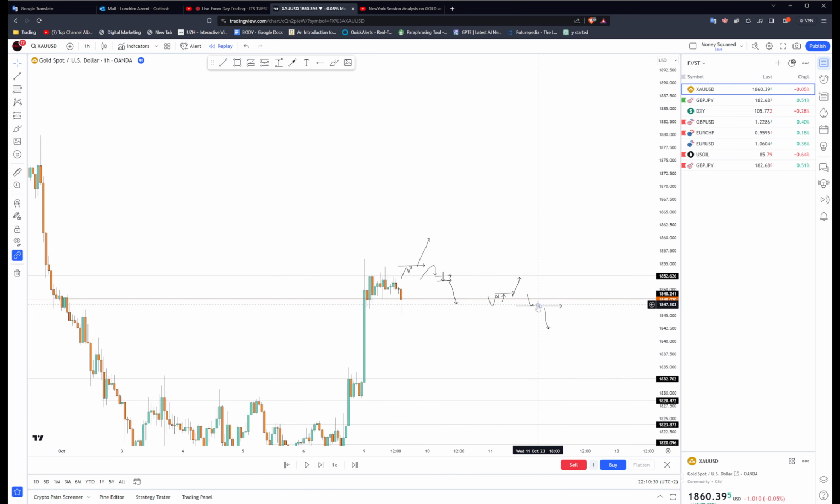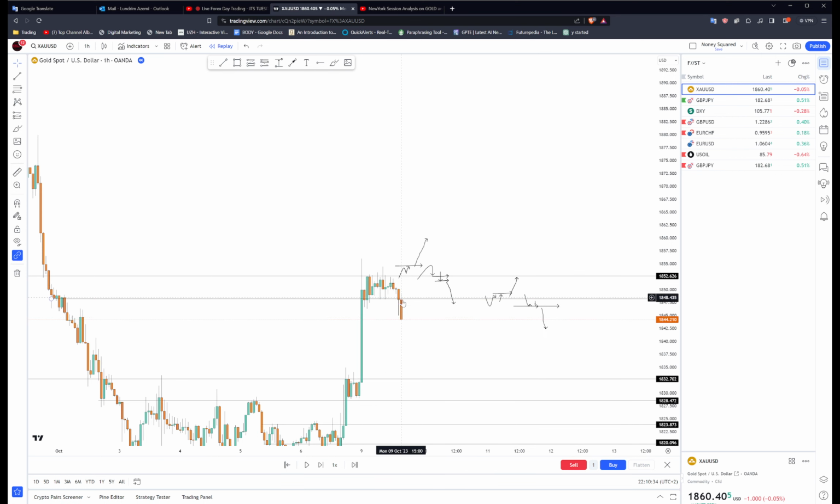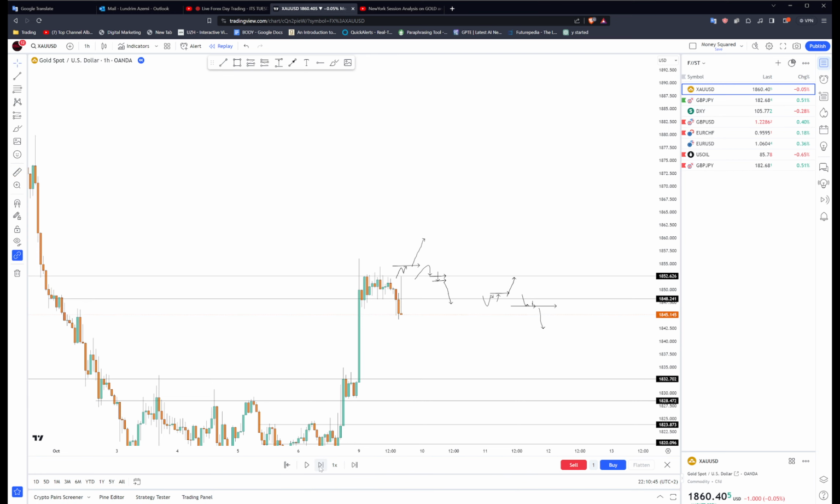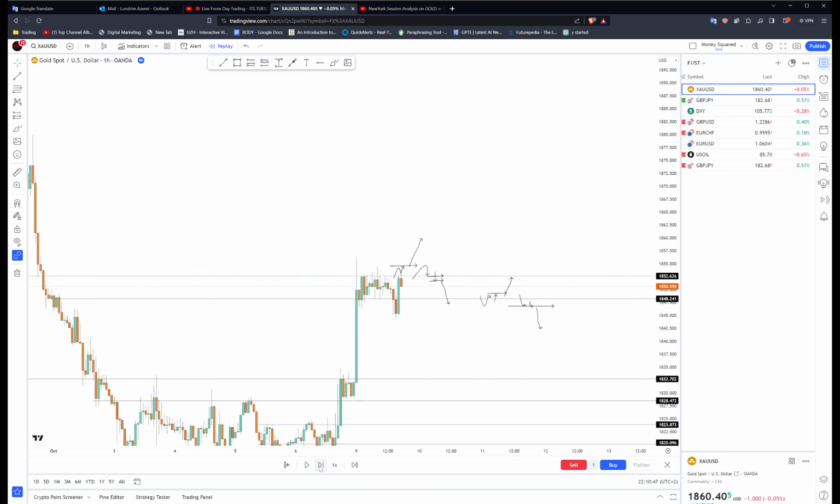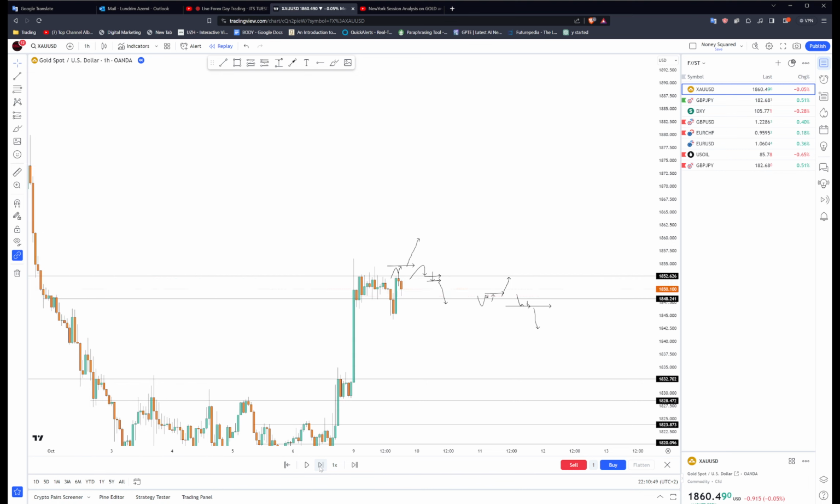We closed below and then we continued to the downside, and then we had this wick where price filled this wick. So this was our potential trade with a 23 pip stop loss, 28 take profit, and then price just went back inside the range and played around the range.